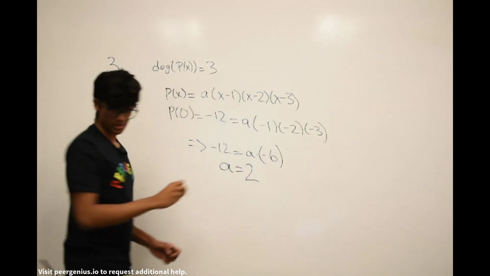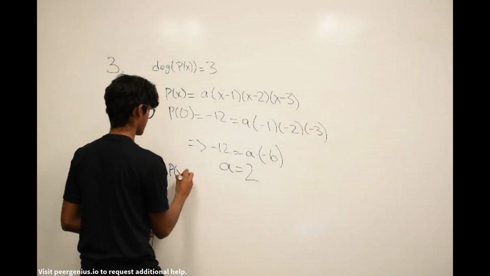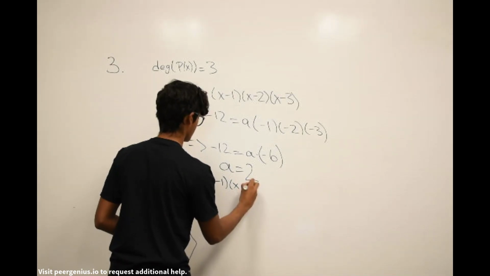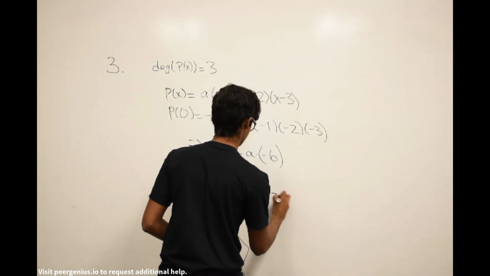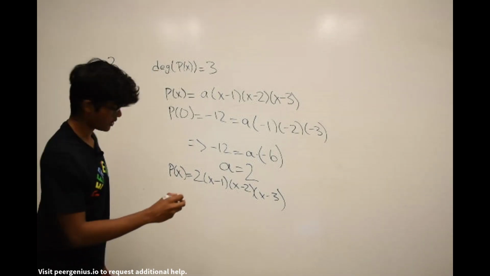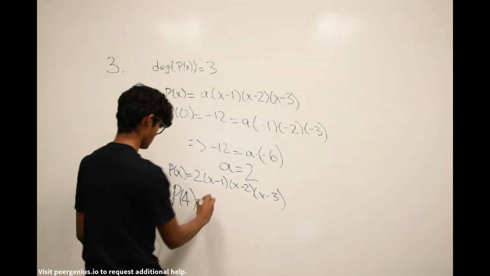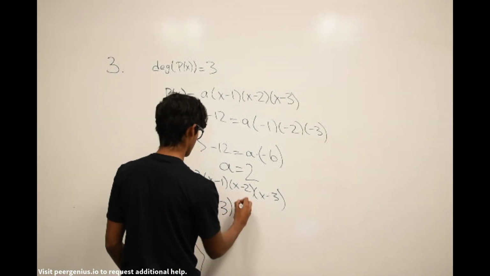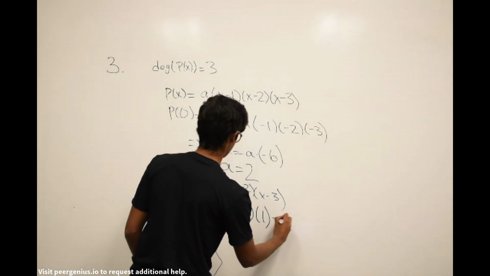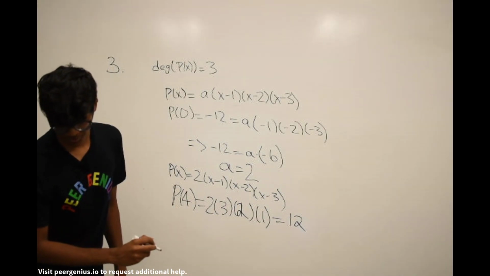Now the cubic polynomial is P of x equals 2 times x minus 1 times x minus 2 times x minus 3. Plugging in 4, you get P of 4 equals 2 times 3 times 2 times 1, which is 12. So your answer should be E.